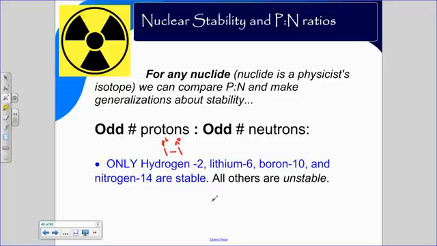So something that were to have, say for example, 9 protons and 9 neutrons is going to be unstable. Odd numbers, both. These are the 4 stable nuclides. You're going to need to know those. Hydrogen 2, lithium 6, boron 10, and nitrogen 14. Anything above nitrogen 14, odd, is unstable. And again, odd means number of protons and number of neutrons are odd.